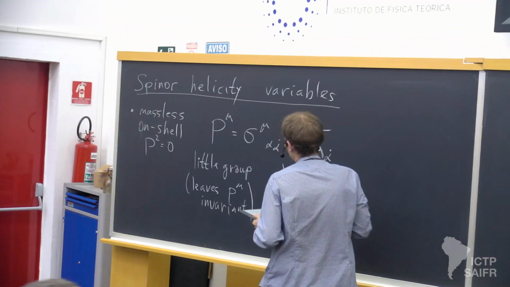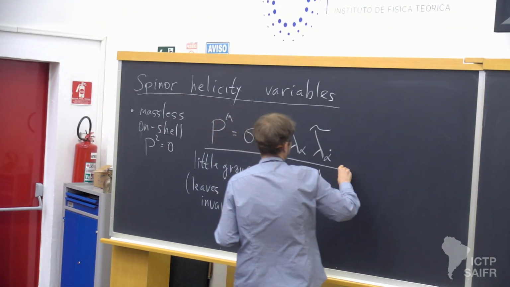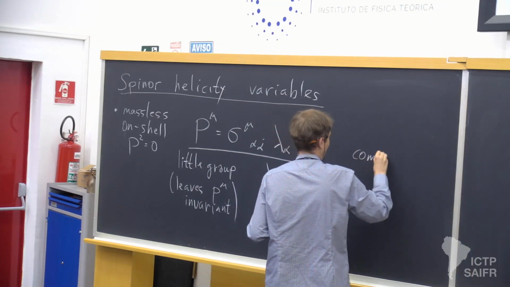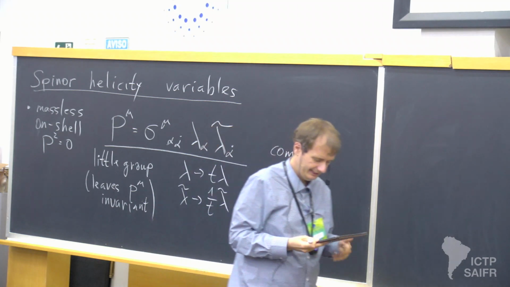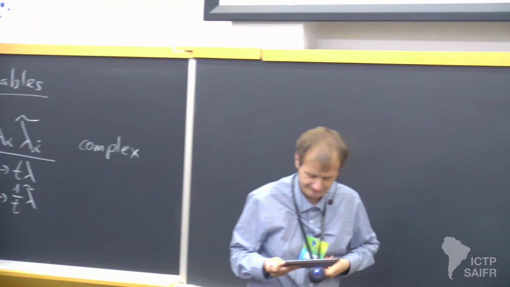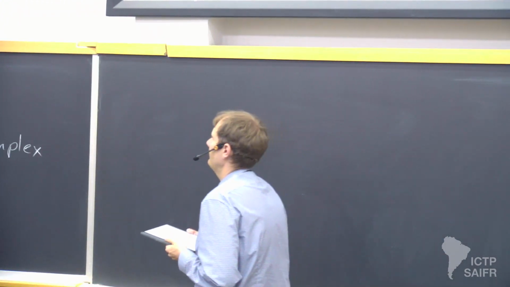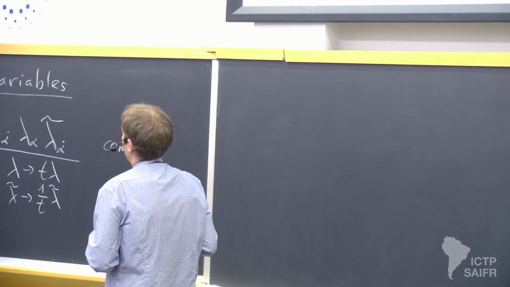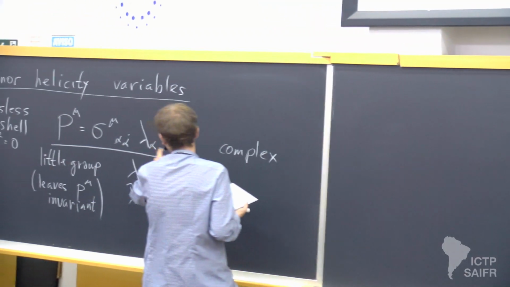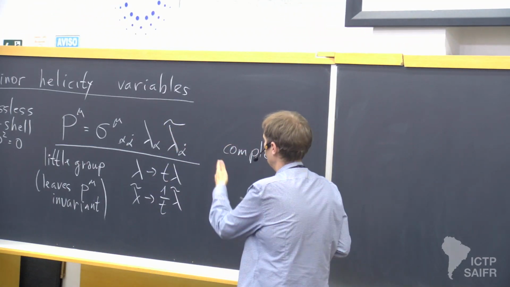Now, here we said that the momentum we will consider in general complex. Despite, for the real scattering, or for the real particles in the real world, P should be real, and that then relates lambda and lambda tilde together. If it is complex, then they are independent.